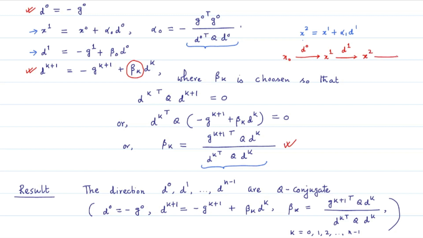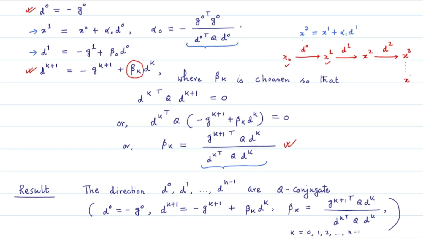Reaching at the point x2 you identify a direction d2, that is Q conjugate with d0 and d1, and then you reach at the vector x3, and in this way you keep on finding the directions d0, d1, d2 and so on, and ultimately reach at the point xn.